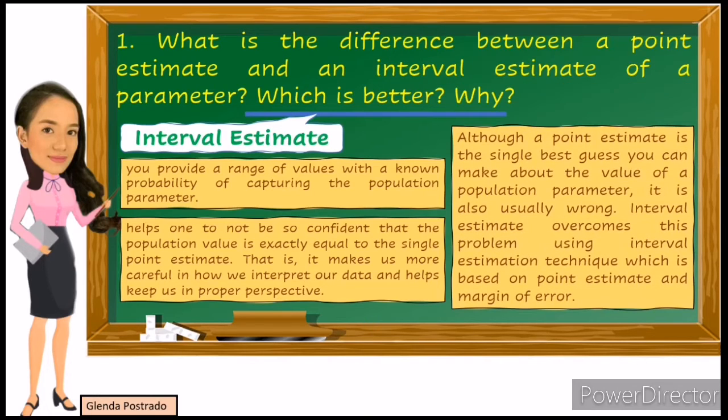And although a point estimate is the single best guess you can make about the value of a population parameter, it is also usually wrong. Interval estimate overcomes this problem using interval estimation technique, which is based on point estimate and margin of error.